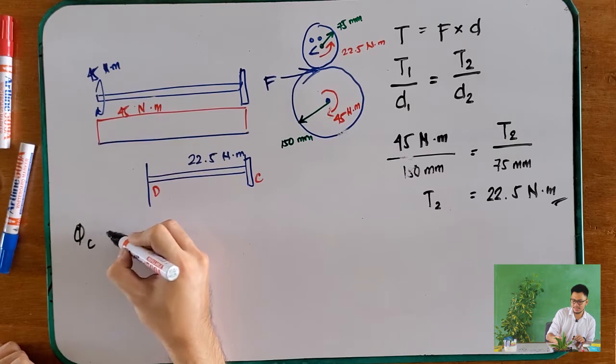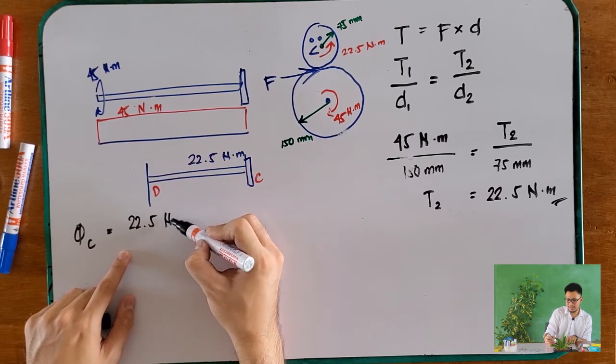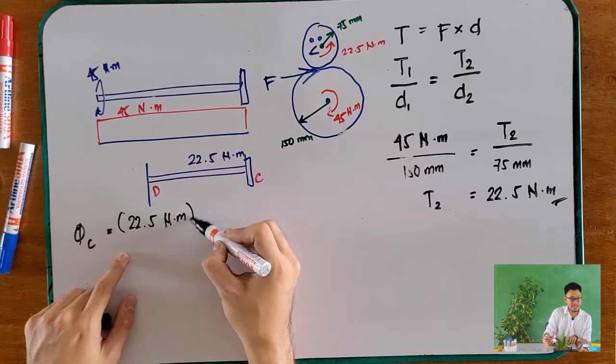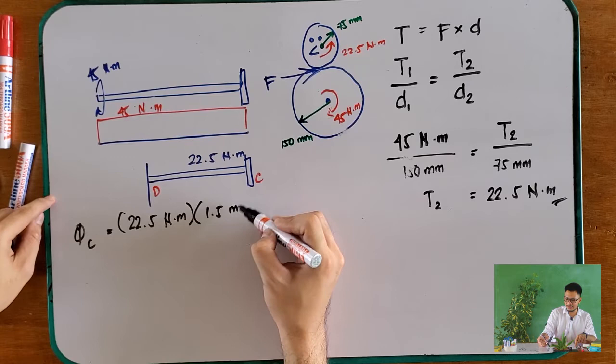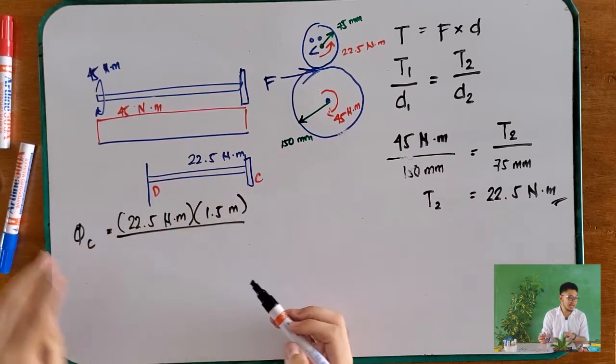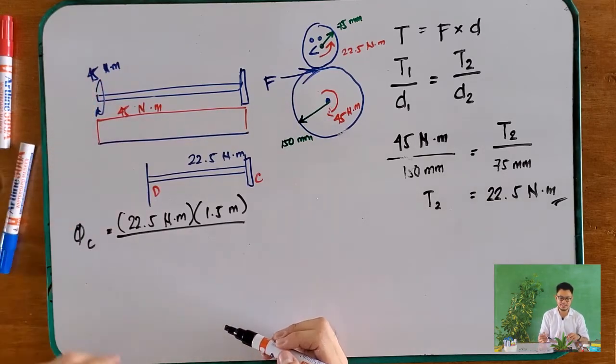Okay? So angle of twist sa atong C is equal to 22.5 Newton meter multiplied by the length of 1.5 meter over GJ. So we will solve for J. So both shafts have a diameter of 20 millimeters daw.